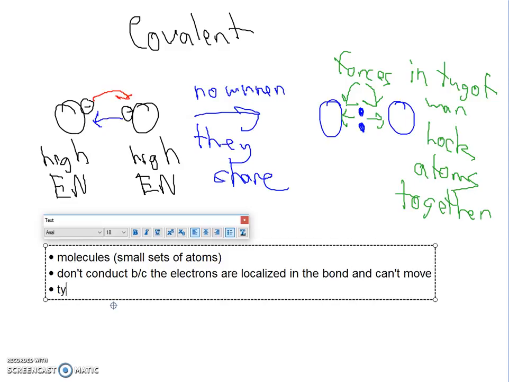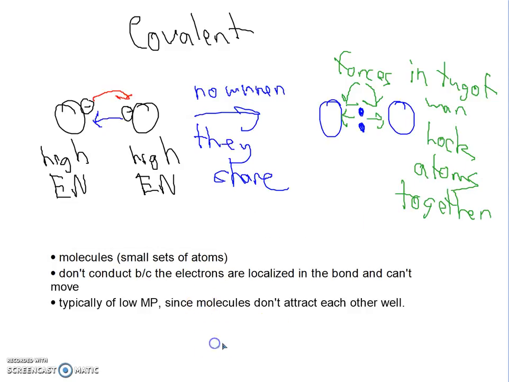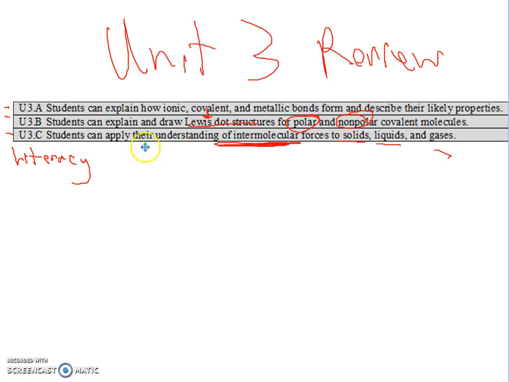They typically have low melting points since molecules don't attract each other well, although we'll go through some interesting exceptions. And let's actually come back to this because it leads into standard B, which is Lewis dot structures.